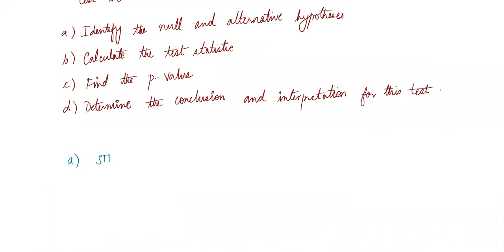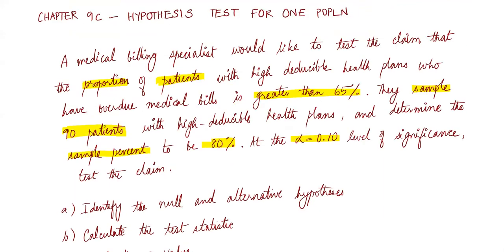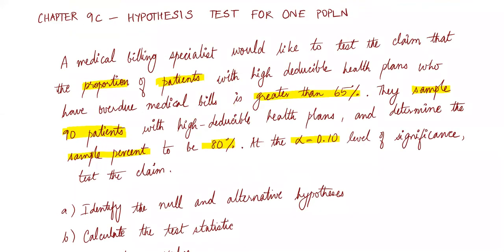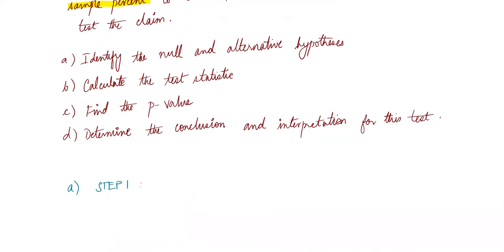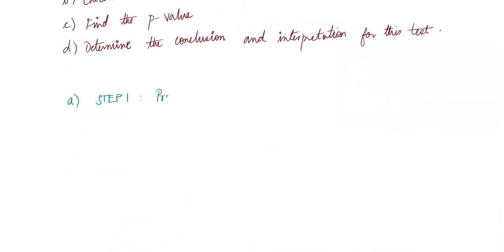So step 1 is to identify the claim. Remember, we have to go back to the question and remove all the clutter to see what the claim is. The claim is that the proportion is greater than 65%. So let me write that. Proportion of those specific patients. I'll just say patients.